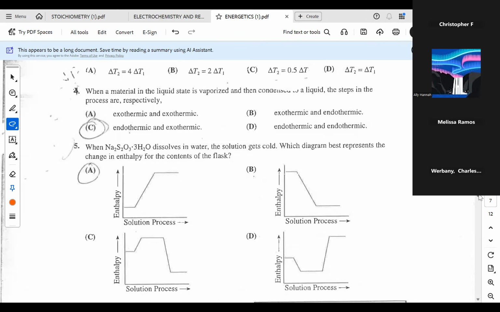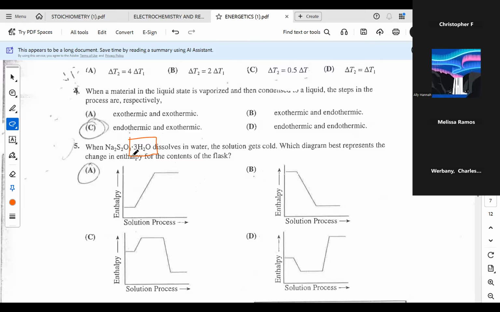So this is the solution process. This is referring to something dissolving, right? So creating a solution. We're told that we have this sodium compound here that is a hydrate. So we briefly mentioned hydrates being compounds that have water molecules built in, part of them.